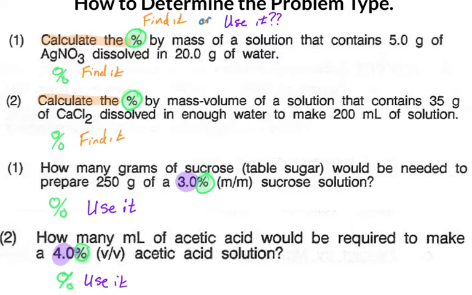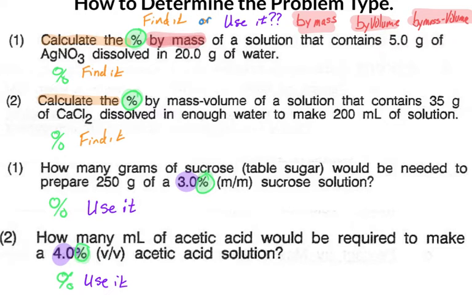And the final step before we do some calculations is to decide which type of percent calculation do we have. So we now know it's a find it or a use it. We just need to know, is the problem a percent by mass problem, a percent by volume problem, or a percent by mass volume? So let's read each one. So for question number 1, we see that it says calculate the percent by mass. So that'll be a by mass problem.